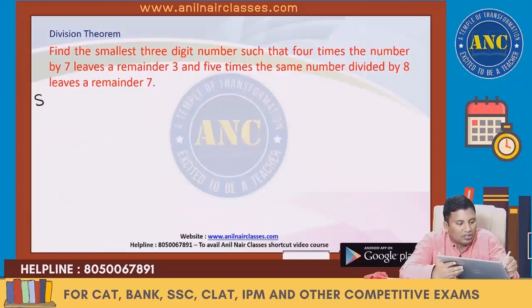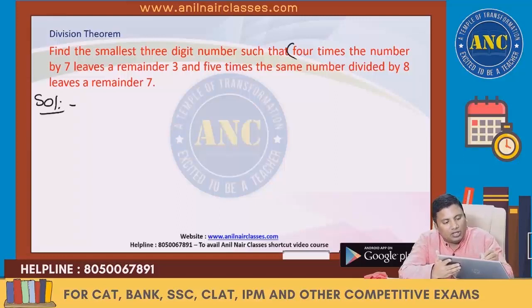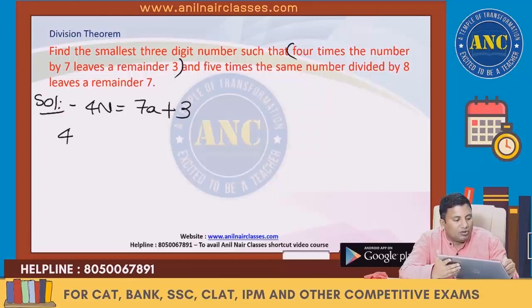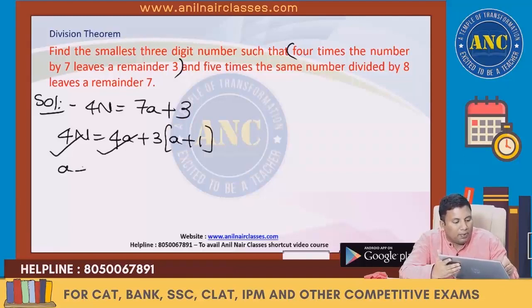If you want me to explain in a proper equation format, listen carefully. First we will solve this equation. 4 times the number gives a remainder 3 when you divide by 7. So 4n is equivalent to 7a plus 3. 4 into a plus 1 is divisible by 4.